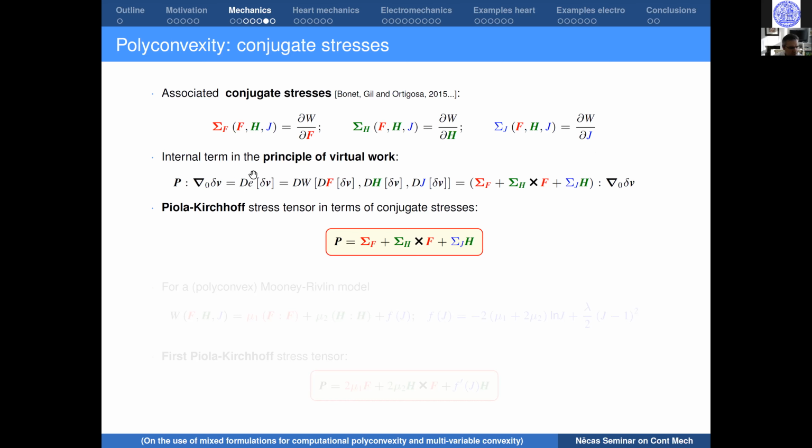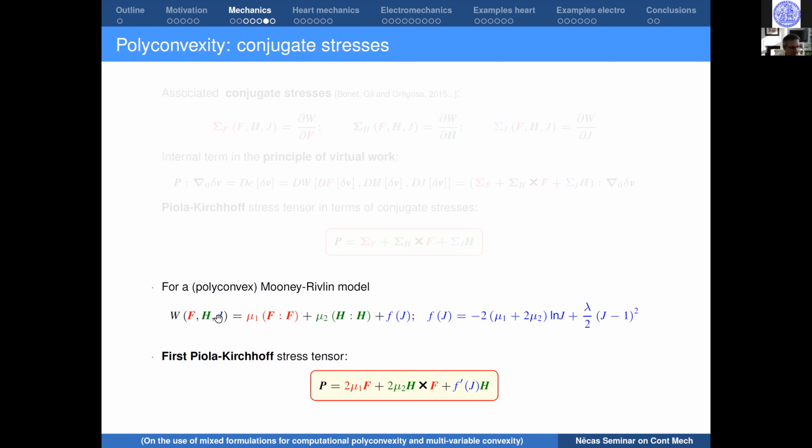So if we take the directional derivative of the internal energy, which is equal to the principle of virtual work in the case of pure reversible elasticity, and you apply the chain rule, we obtain a closed form expression for the first Piola-Kirchhoff stress tensor, which features in the conservation of linear momentum, in terms of the conjugate stresses sigma F, sigma H, and sigma J, and the strain measures F and H. So this is a very nice expression that you can potentially exploit for implementation purposes.